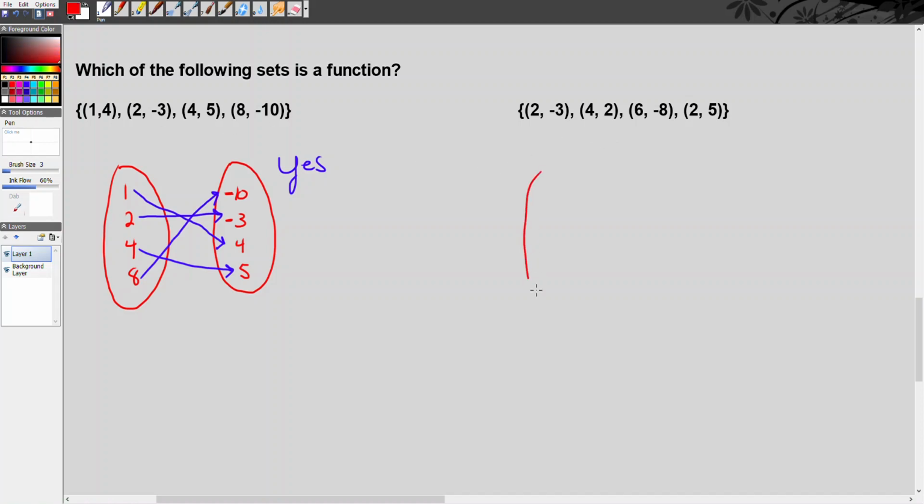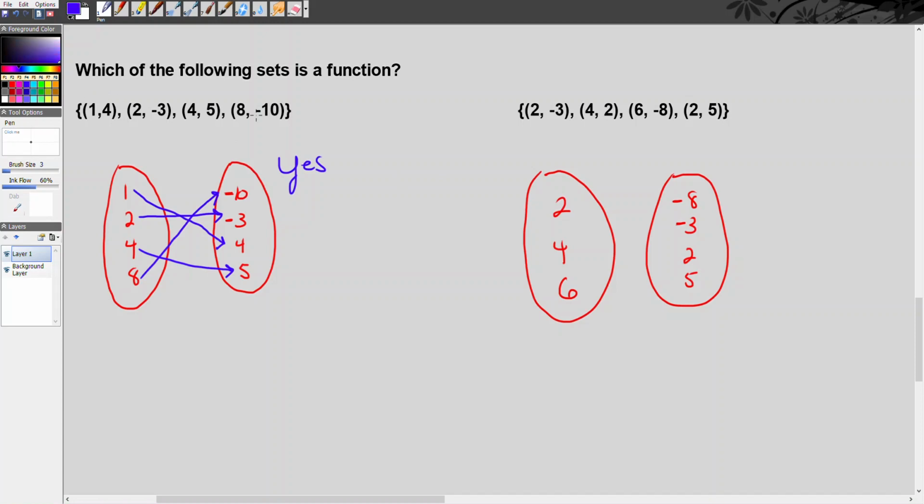Okay, so here are my inputs. Here are my outputs. I have 2, 4, 6, and 2. So I have here 2, 4, and 6. And then my outputs are -8, -3, 2, and 5.